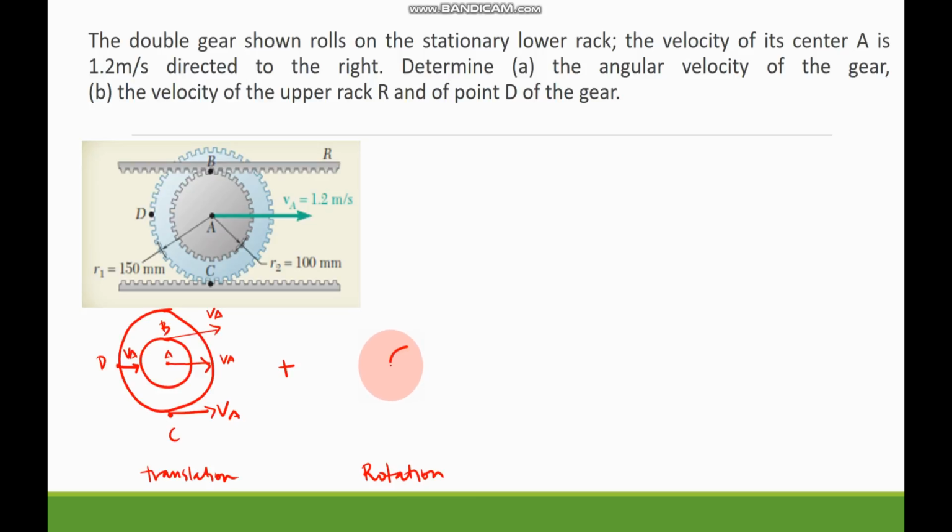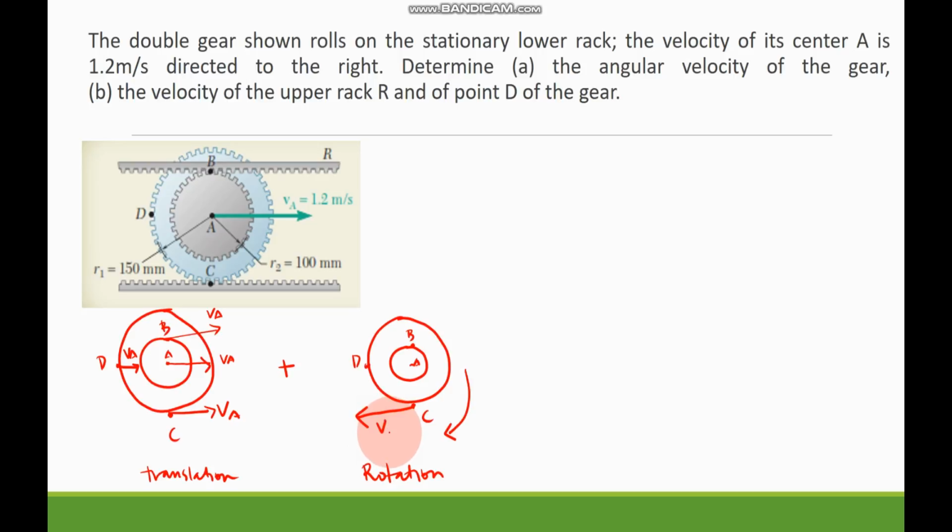So again, we will draw it. For the rotation, we have point B here, point D, and point C. Since the motion is in clockwise direction, the rotation for C with respect to A, our point A, is going this way.